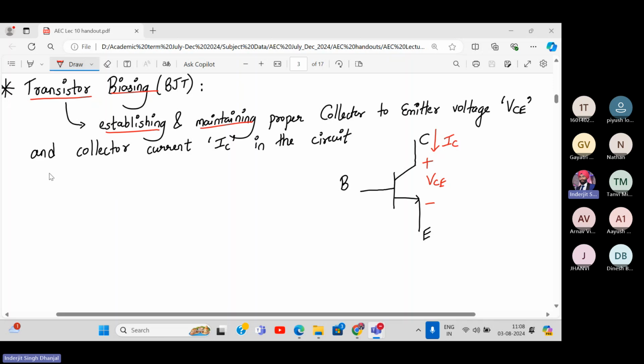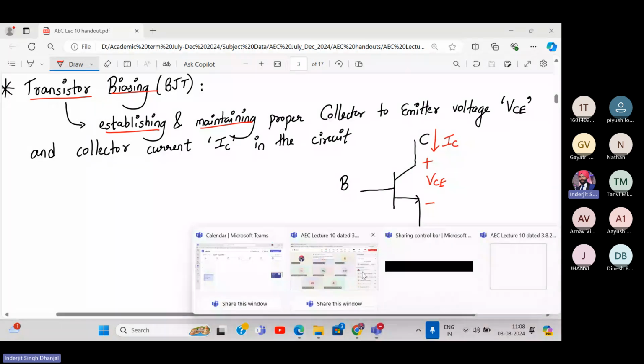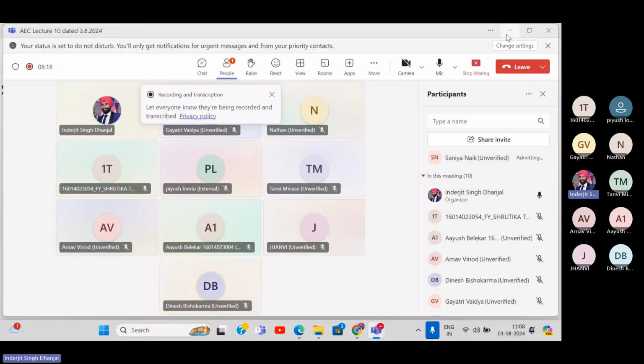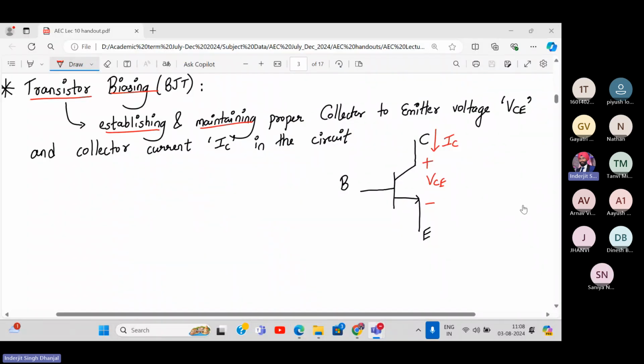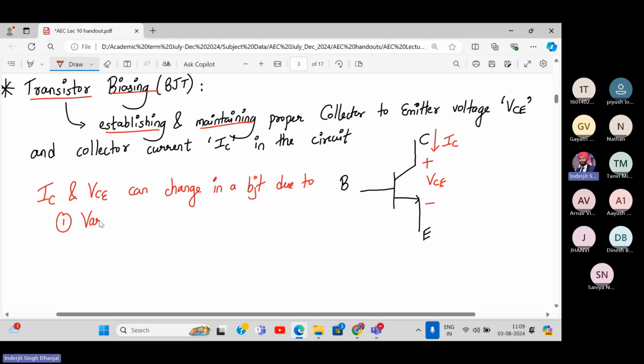Let's check why the IC and VCE will change. So basically, the collector current IC and VCE can change in a BJT due to the following. So one, due to variation in temperature.